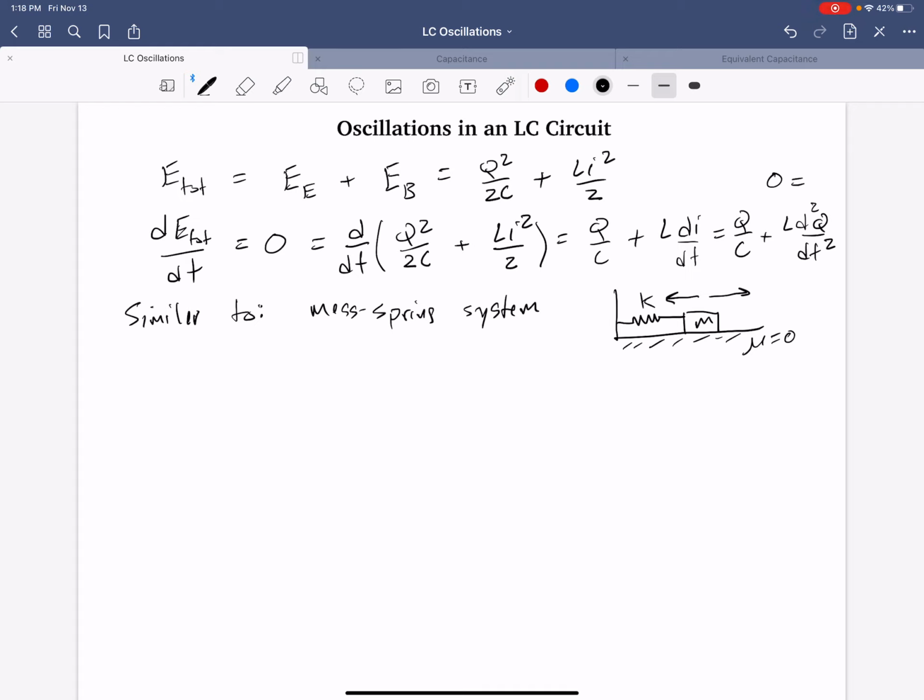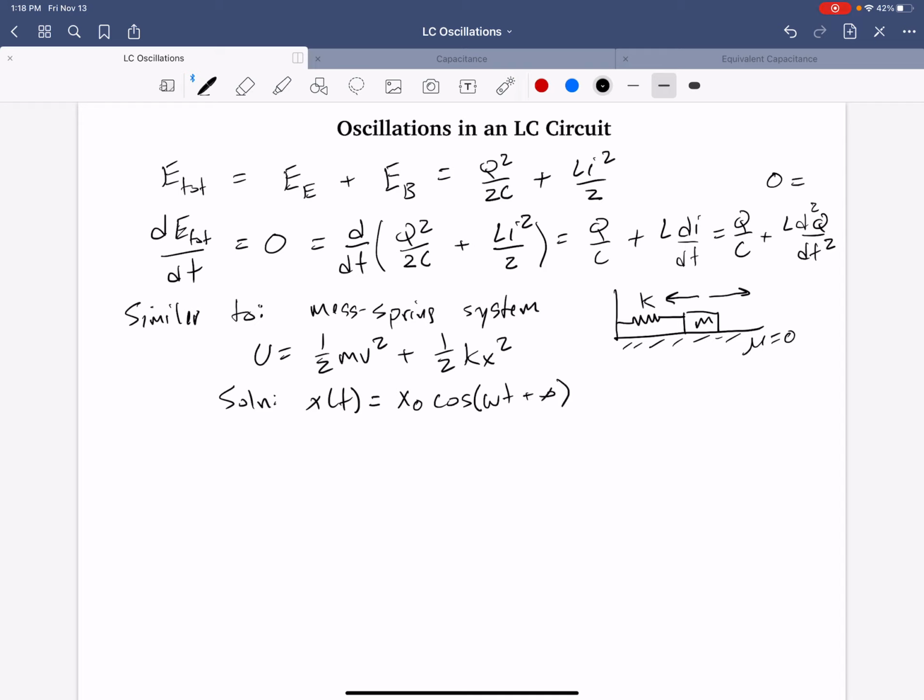And so the energy in that had the form of 1/2 mv squared, kinetic, plus 1/2 kx squared for the spring potential, right? And so that had a solution like such, for position, rather. Solving that as a function of time, we get the initial position times cosine of omega t plus phi.